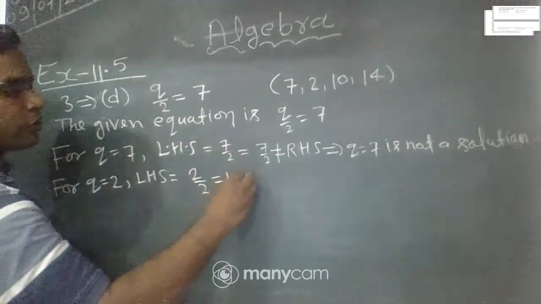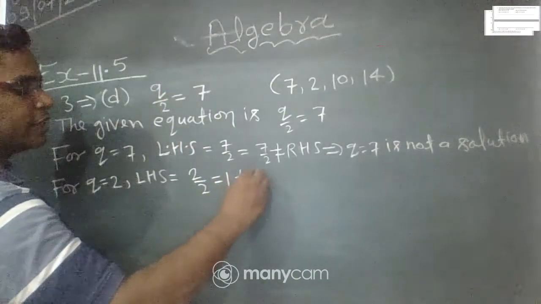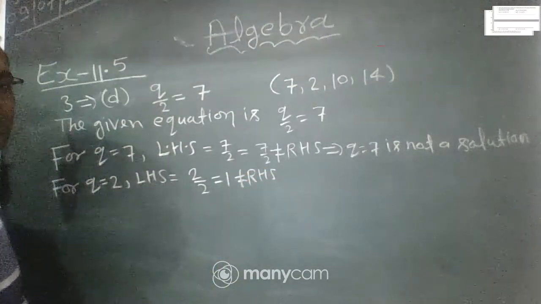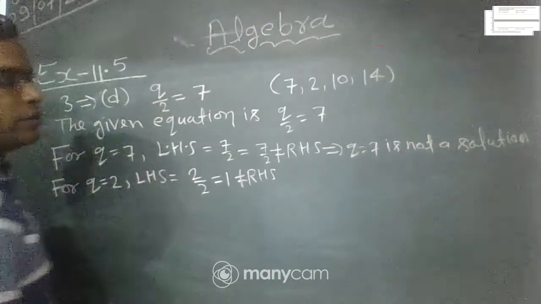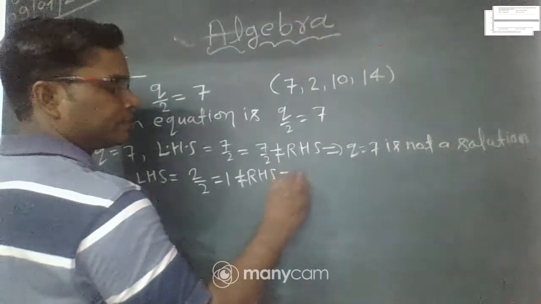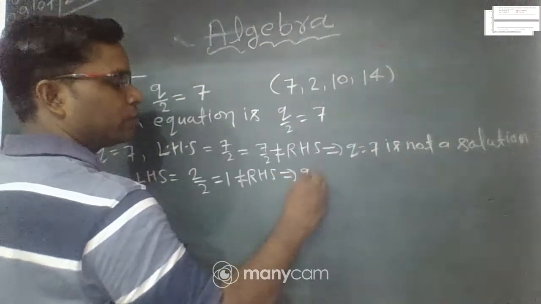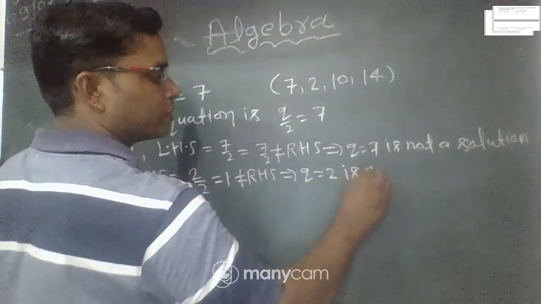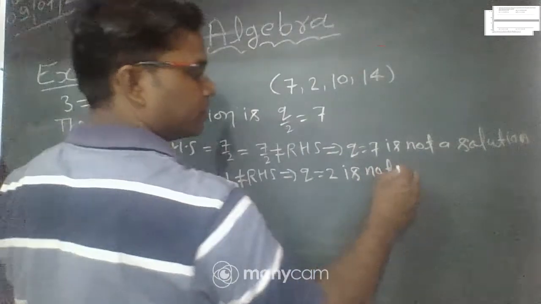So this is not equal to the right hand side. So this implies that q is equal to 2 is not a solution.